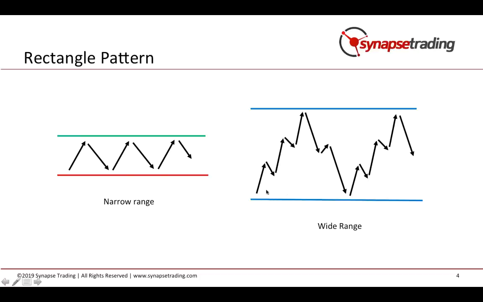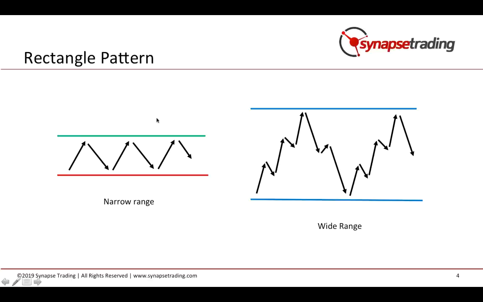Whereas for the wider range, you will see several legs of movement, and this will definitely encompass way more than 20 bars each time it moves up and each time it moves down. Between the upper bound and the lower bound, you will see a lot more than 20 bars, whereas for the narrow range, you will generally see between 10 to 20 bars. So that's a very simple way to distinguish between a narrow range and a wide range pattern.